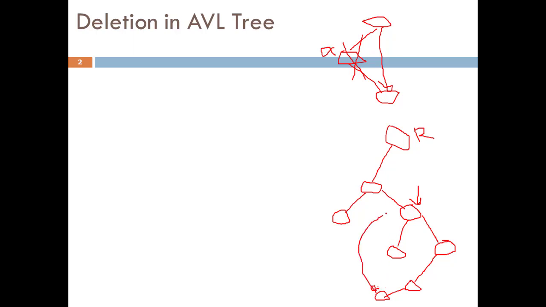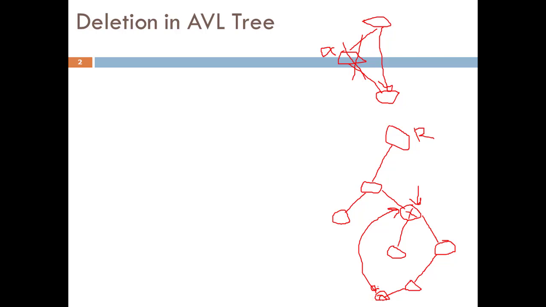For example, if the value was x, then x was copied at this point, and now we need to delete this one. We can see that this is a case of deletion where a leaf node is to be deleted.